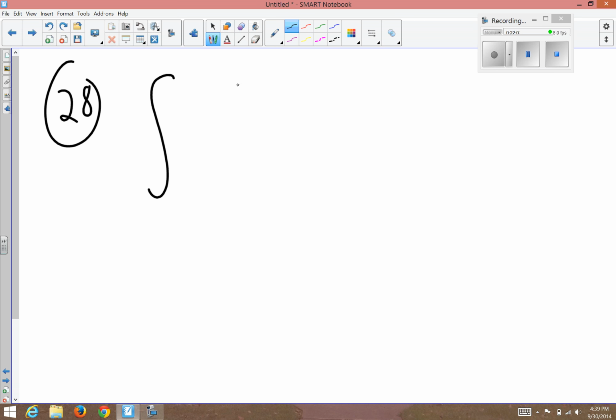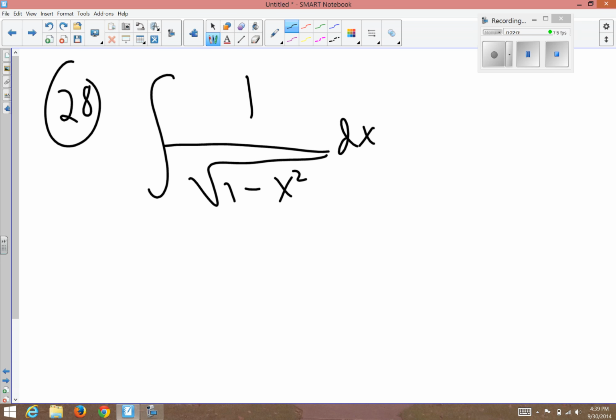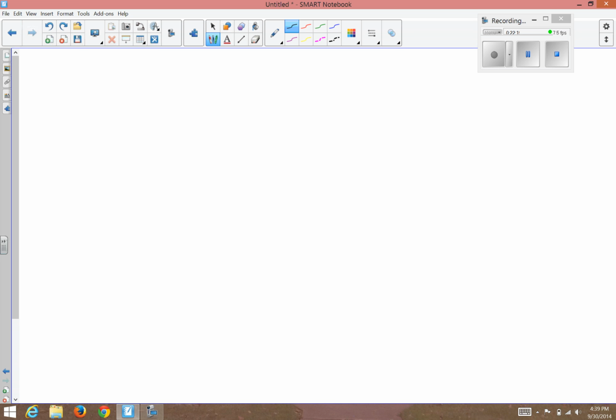The integral of 1 over radical 1 minus x squared dx from 0 to a half. I'll come back to this in a second, but I want to show you one of the formulas on your sheet. You will need to memorize these eventually.